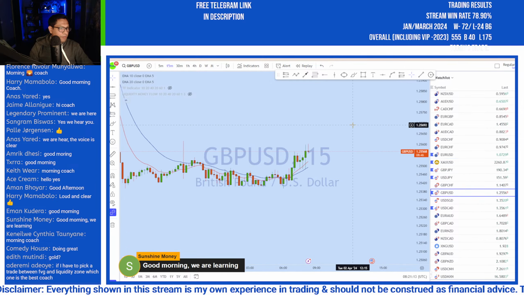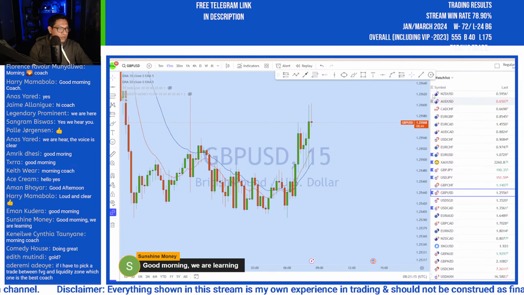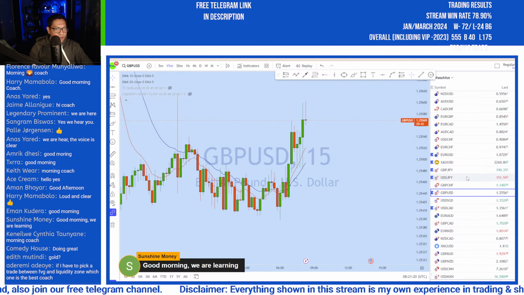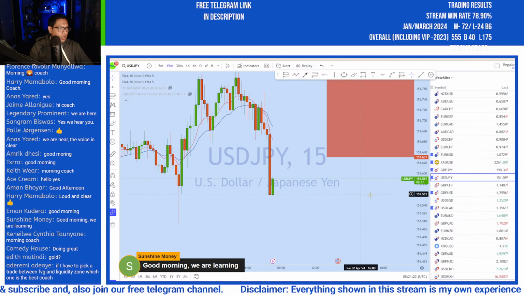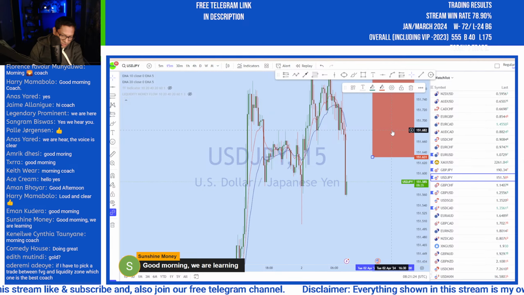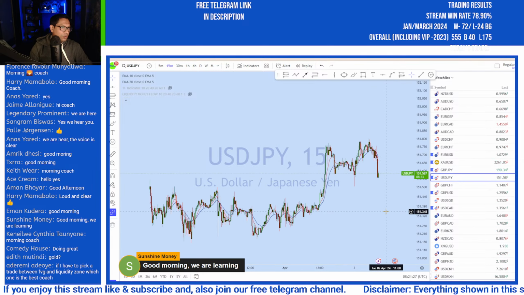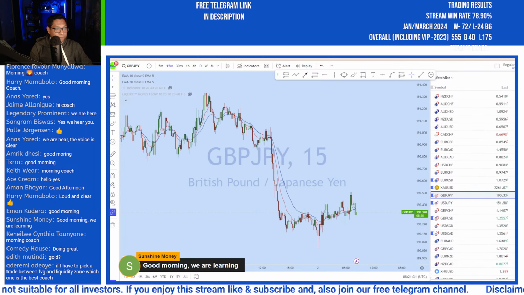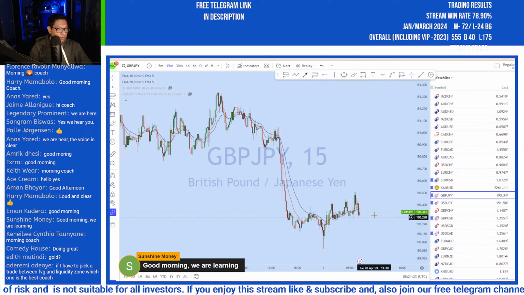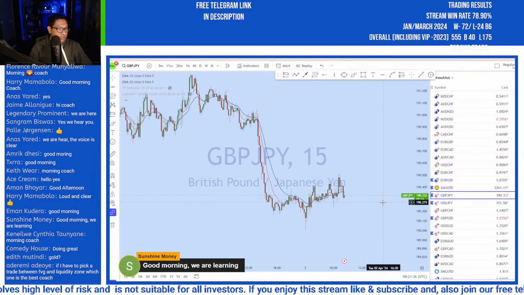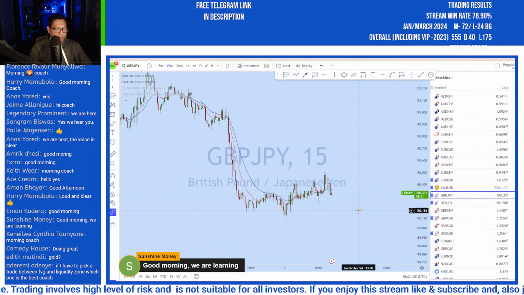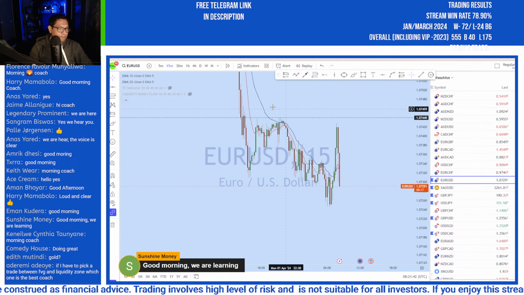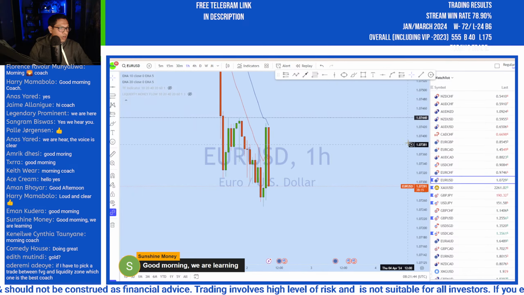If you look at GBP USD, multiple liquidity candles have formed, while dollar yen has got a rejection. This market is not trending very nicely at the moment, so leave it aside. Also GBP JPY, yesterday we opened a trade, but it's not trending very nicely. Euro dollar is trending, so we will be looking at euro dollar as well.